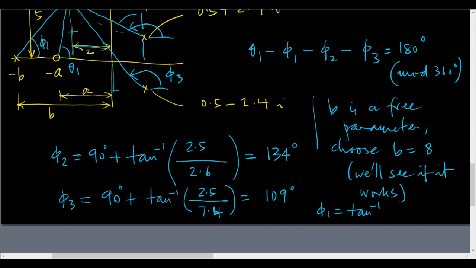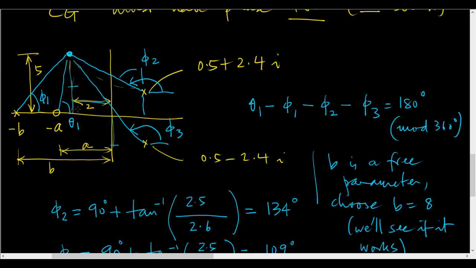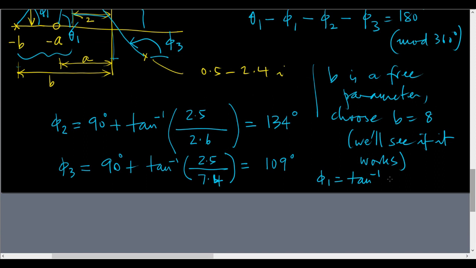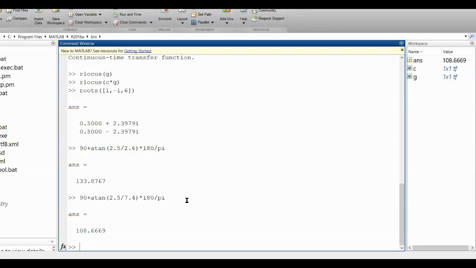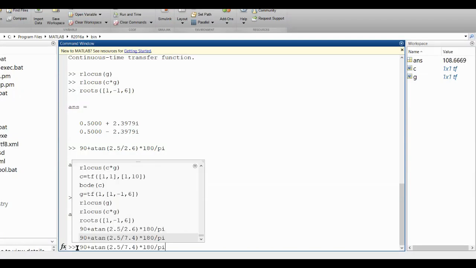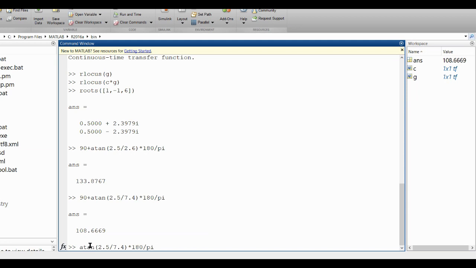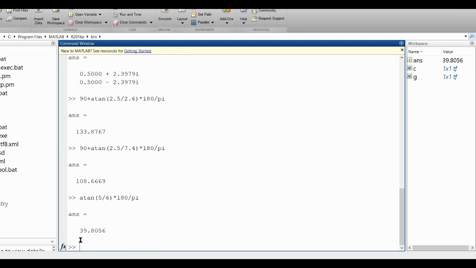The vertical extent is 5 and the horizontal extent is, this was 2, this is 8, so the horizontal extent would be 6. 5 by 6 equals, I come here to MATLAB and I say, okay, so that is 39.8, but I will round down because I rounded up a bit over there. But maybe I won't. I'll just call it 40. Okay, so that's 40.